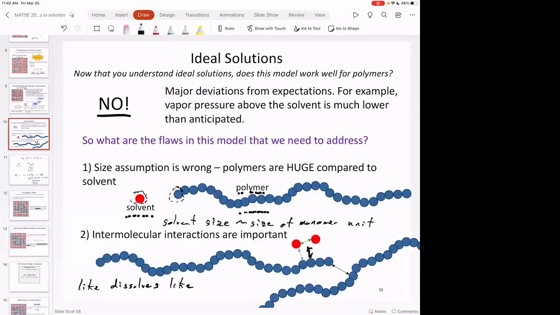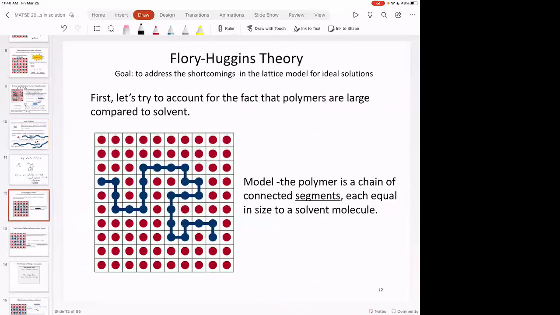So the size assumption is wrong and the intermolecular interaction is wrong, but we start with ideal solution to get our bearings on what's happening with delta H and delta S, and we're going to use those concepts now to describe polymers.